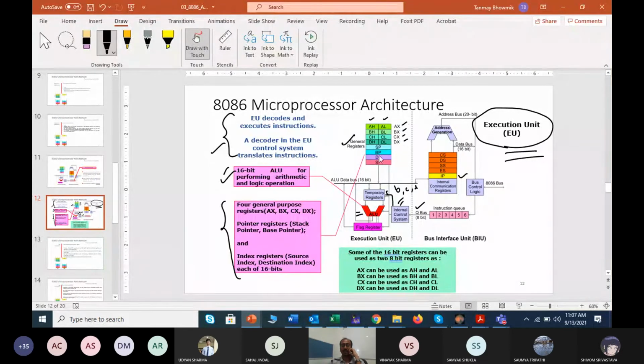And the last ones, DI and SI, are the index registers, source index and destination index. We have seen these names earlier in the data segment register part, which was also related to the source index and destination index.